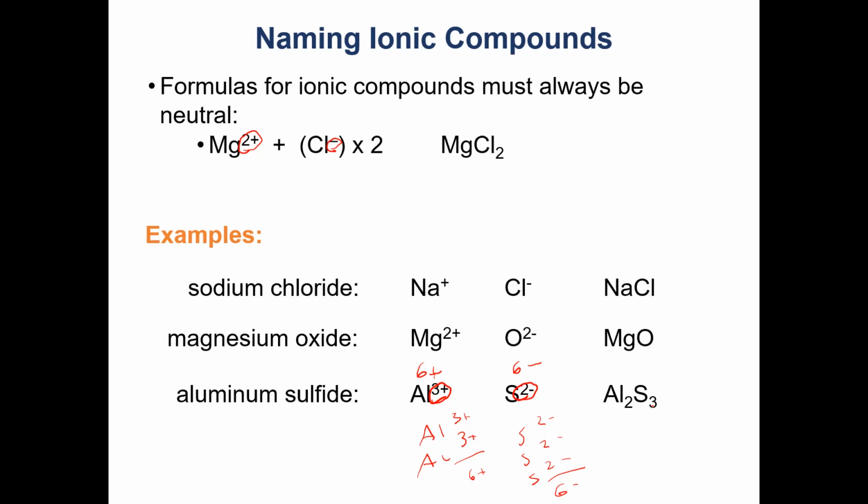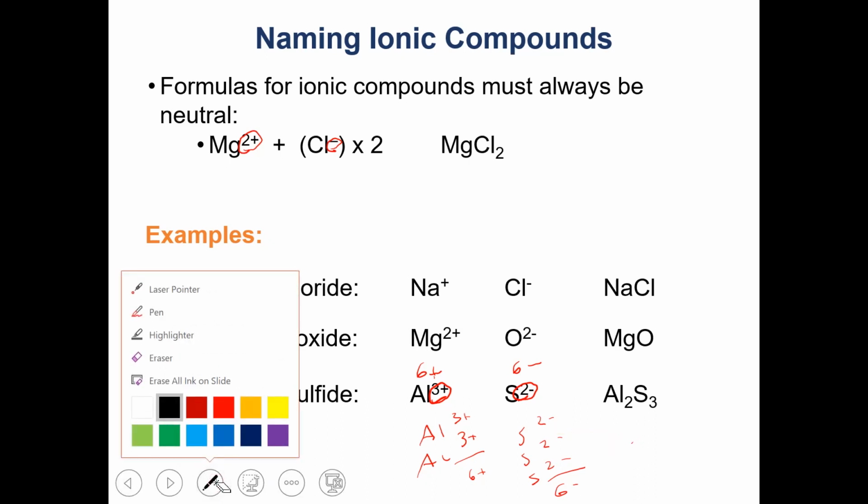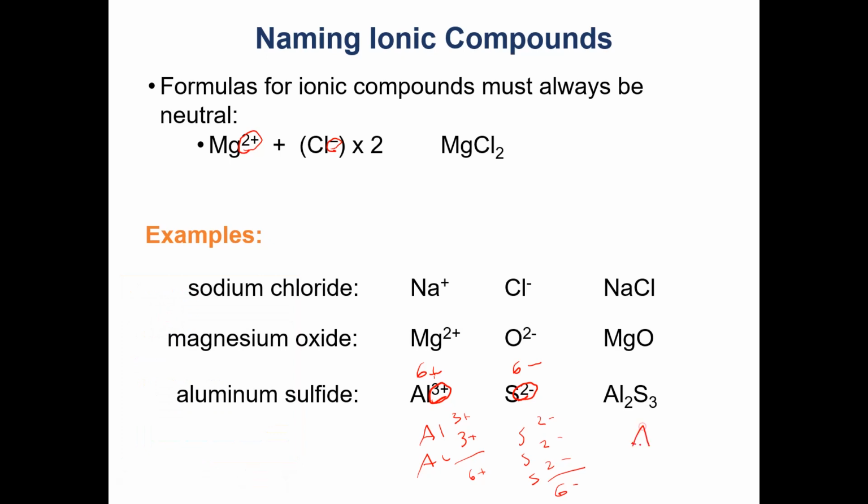Some people also try to do a crisscross method where they'll take the charge and make that the subscript of the opposite one. So they would make the 2 the subscript on the aluminum and a 3 the subscript on the sulfur.